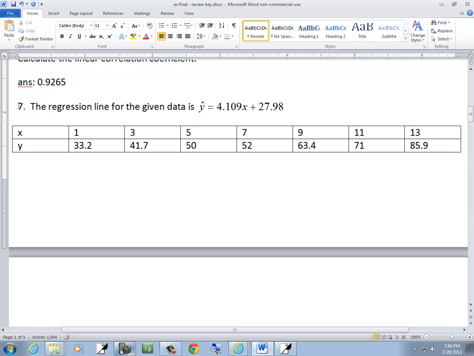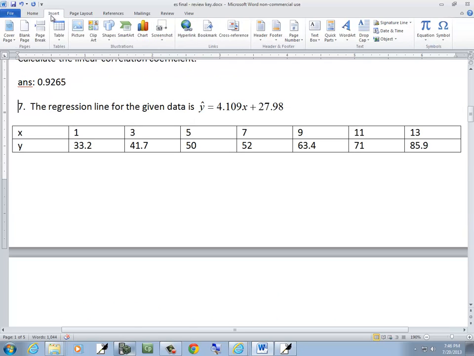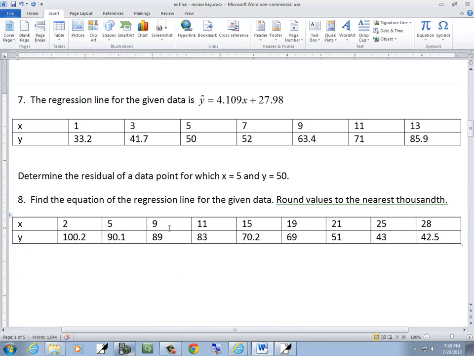Now number 7 says the regression line for the given data is given by this formula right here. It says determine the residual of a data point for which x is equal to 5 and y is equal to 50. Now residual is y minus y hat. Let me see if I can find my PowerPoint to go along with that.